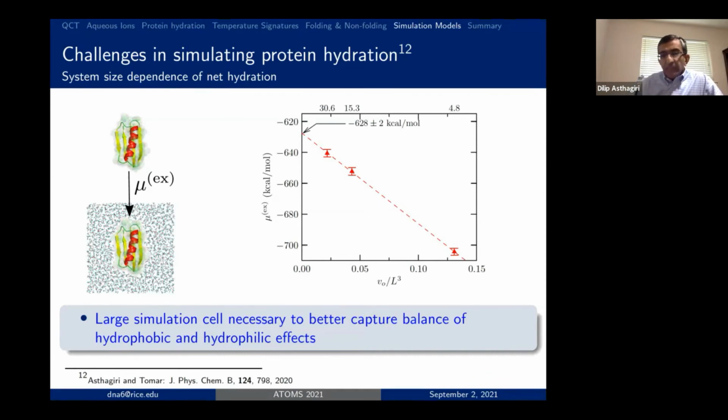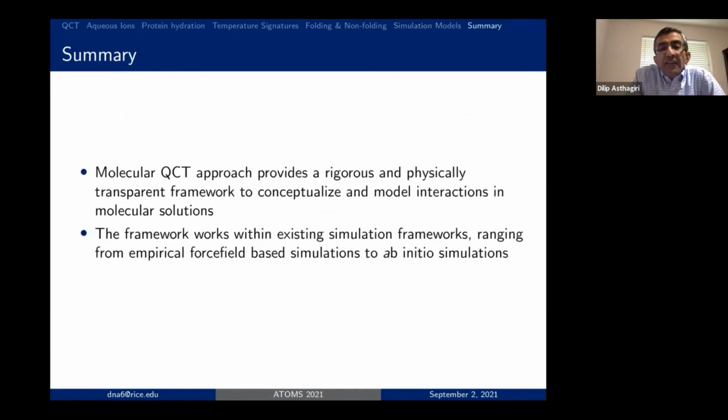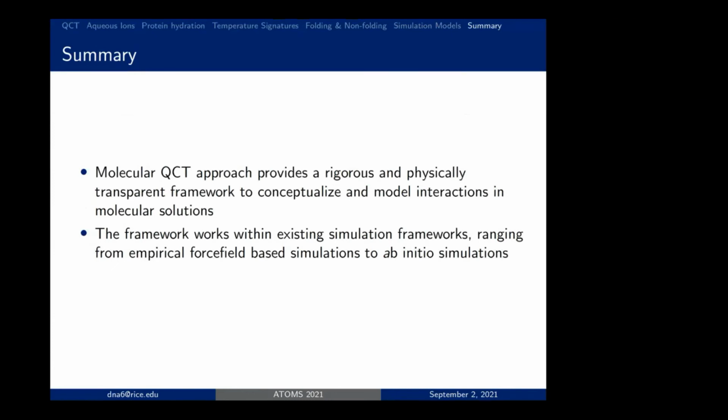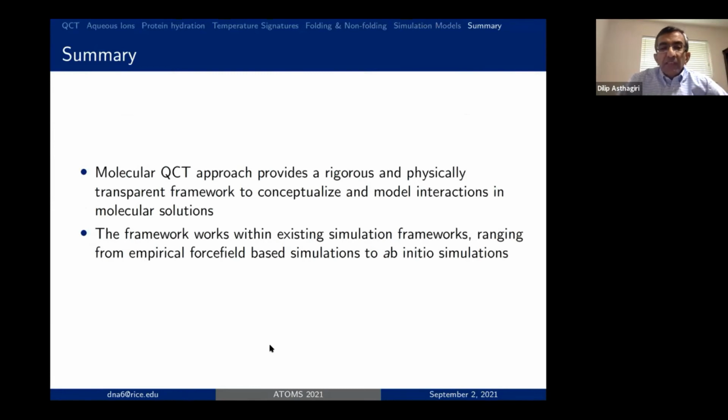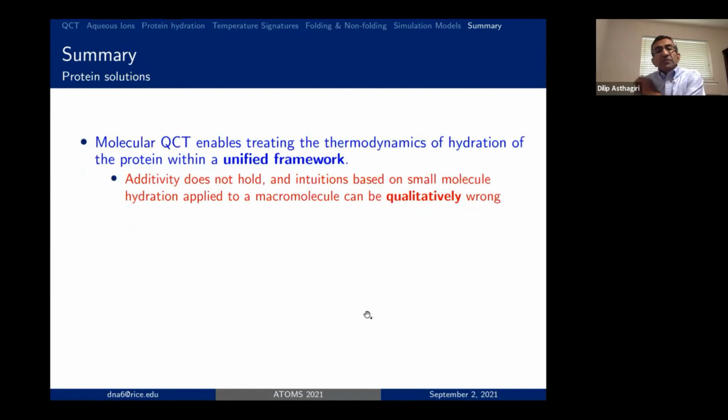Okay, so let me summarize. I hope I have shown you, going from the initial parts of the theory, at least one way of looking at it: the molecular quasi-chemical framework is a rigorous and transparent framework to conceptualize interactions in liquid water. And it works within both force field-based simulations and ab initio simulations. That's what we did for ions.